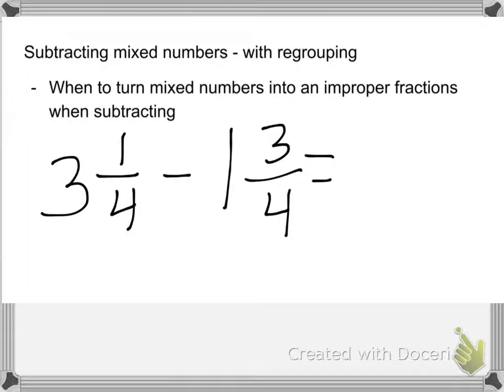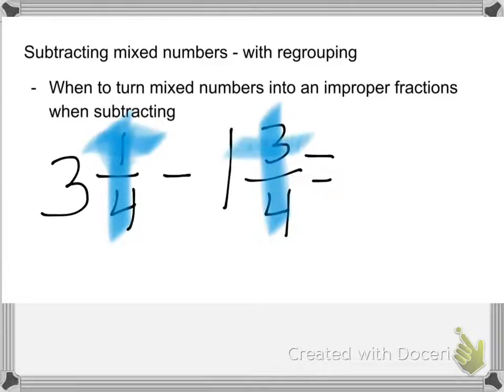So it's 3 1/4 minus 1 3/4. I have to regroup when my first fraction is smaller than my second fraction, because you can't take 1 minus 3. So I have to turn it into an improper fraction or regroup and then subtract.